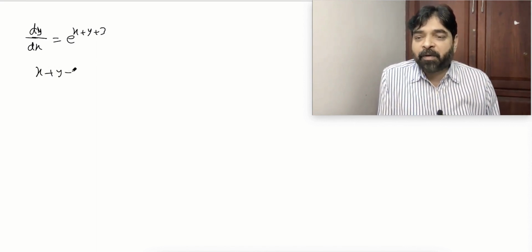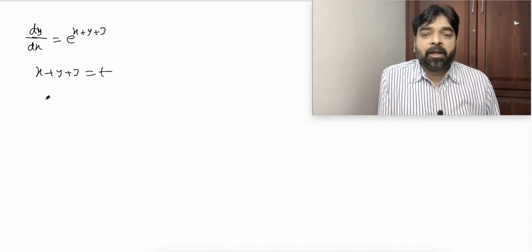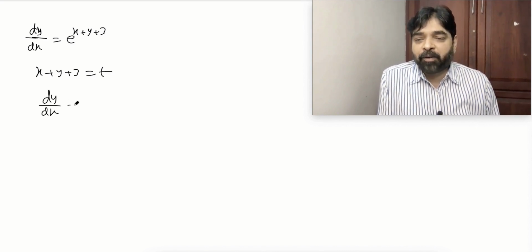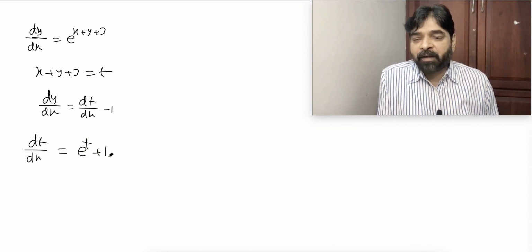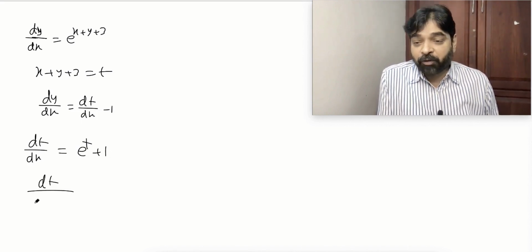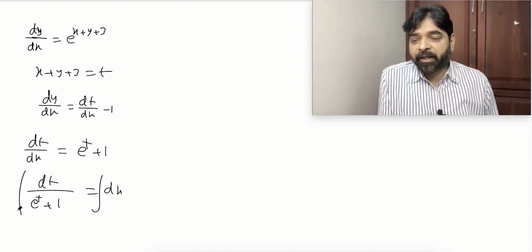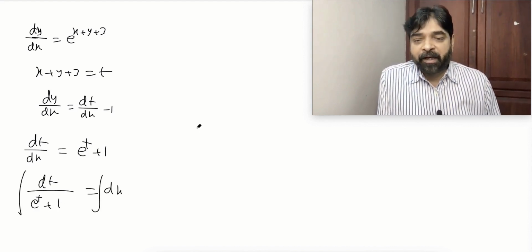I can put x plus y plus 3 equal to t. So your dy by dx will be equal to dt by dx minus 1. So what you will get? dt by dx equal to e power t plus 1. Of course, this will become lengthy. dt by (e power t plus 1) equal to dx. Integrating, I will divide numerator and denominator by e power t.